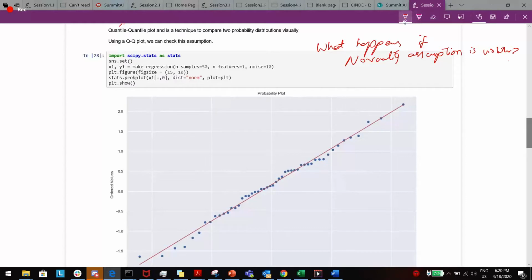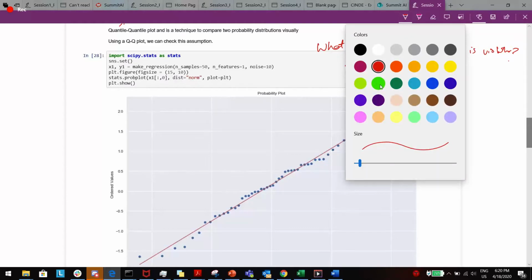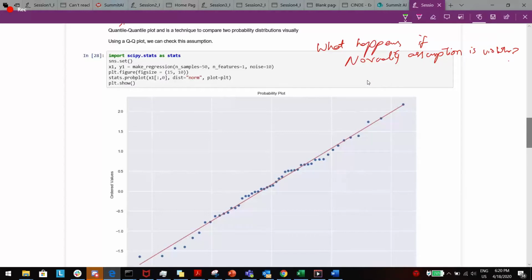When this assumption is violated, your estimates are not BLUE, basically best linear unbiased. Yeah, you're almost there. So the exact answer is: once the linear regression model is fit, there will be estimates for each of the predictors. These estimates will have a confidence interval, CI I'm calling it, with a lower bound and an upper bound.